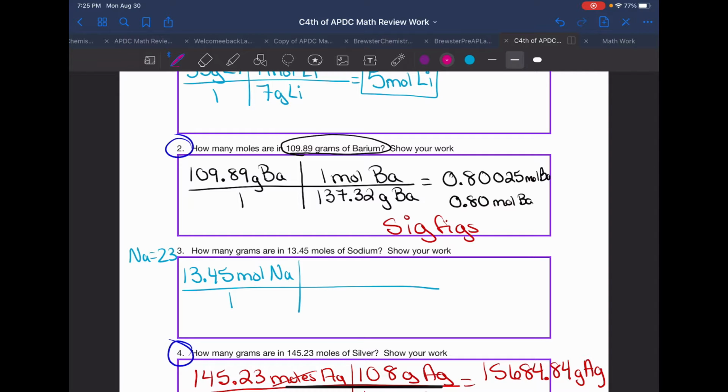Our conversion factor is 1 mole of sodium equals 23 grams of sodium. Then we'll set it equal, and we're simply going to multiply the 13.45 times 23. And we get 309.35 grams of sodium.